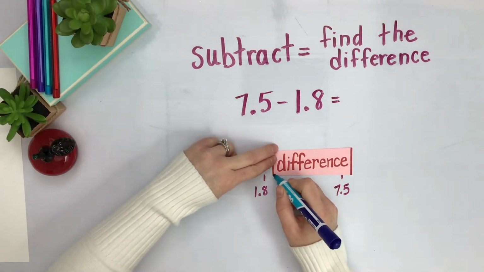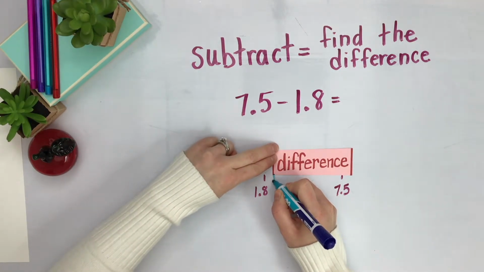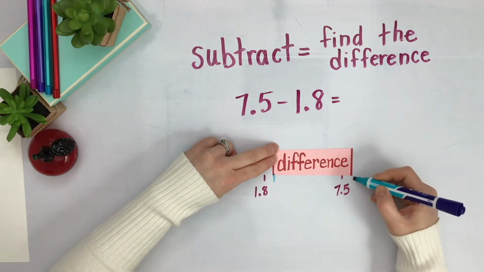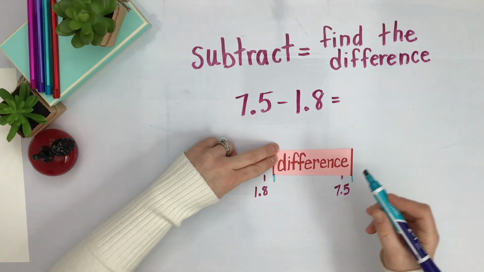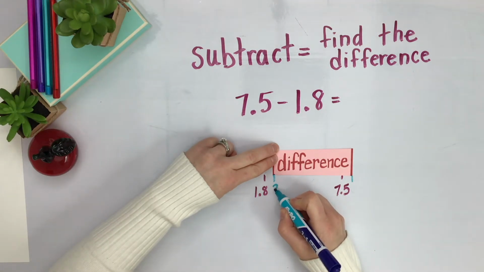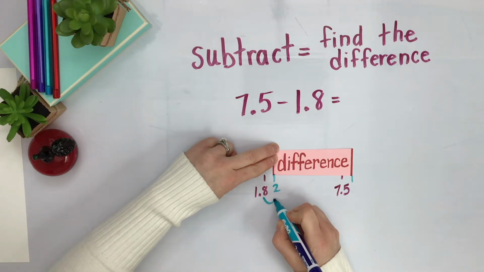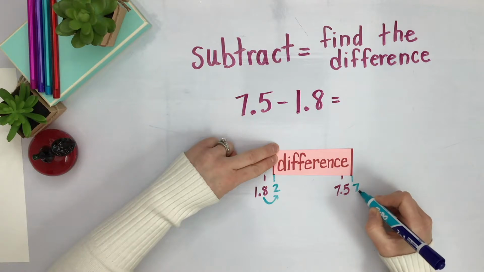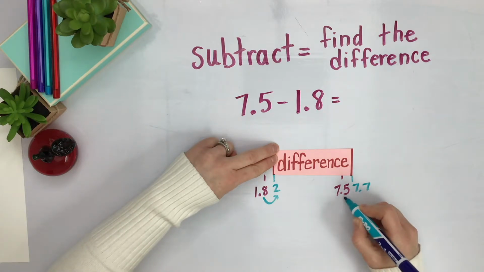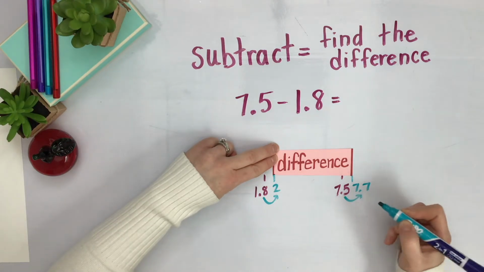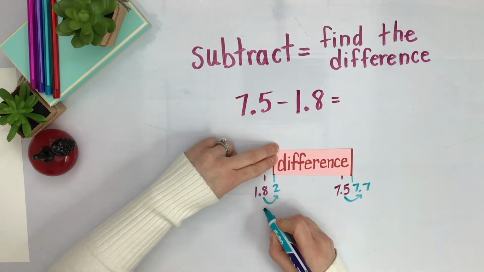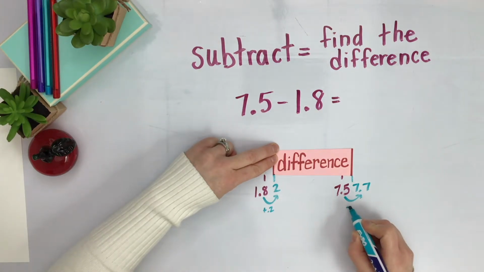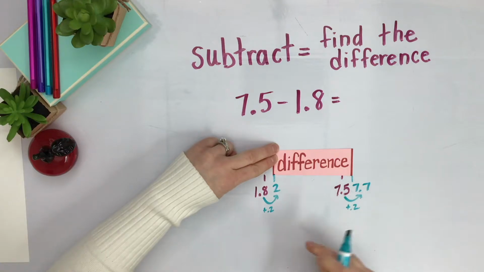The difference between 1 8/10 and 7 5/10 is the same as the difference between 2, see how I just shifted this up 2/10, and 7 7/10. See how I just shifted that number up 2/10? So the reason I added 2/10 to each number is to give me friendlier numbers.